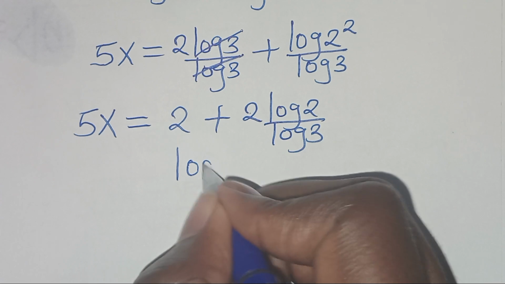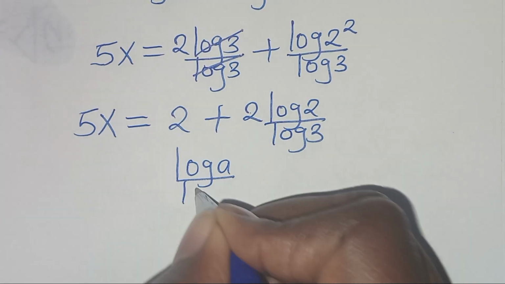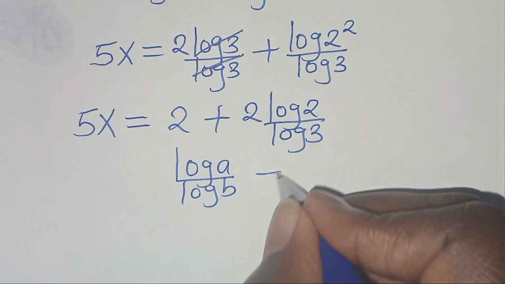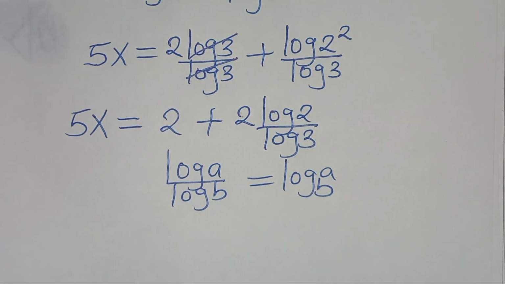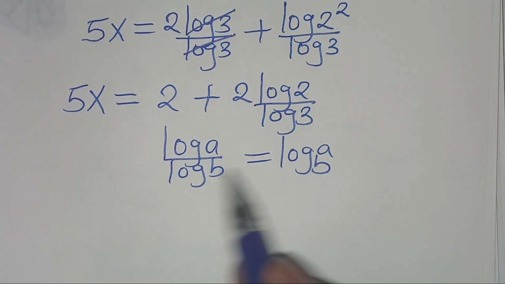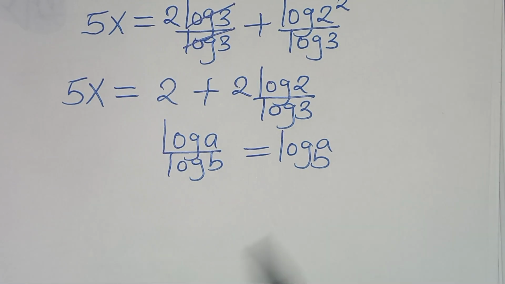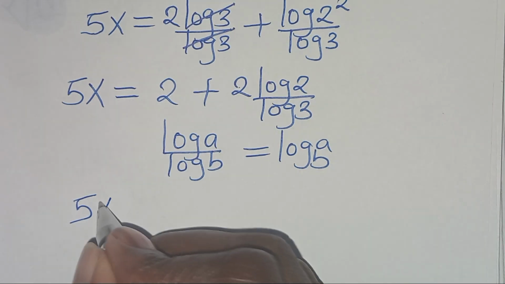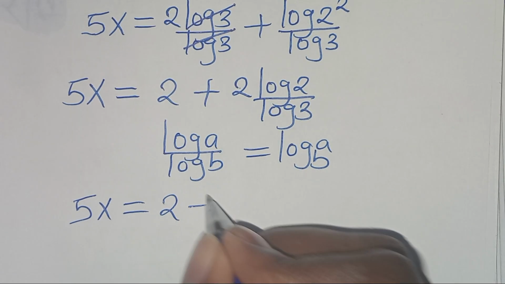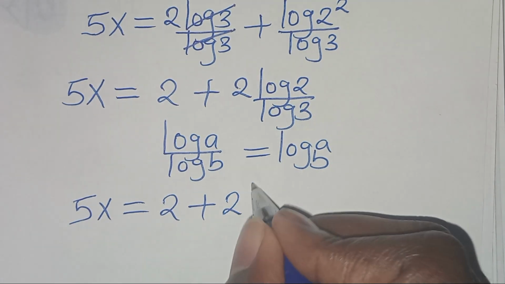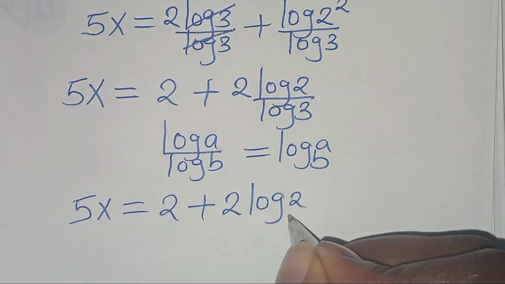This is in the form of log A divided by log B, which we can express as log A to base B. Applying this logarithm property from here, then we have 5x is equal to 2 plus 2 log 2 to base 3.